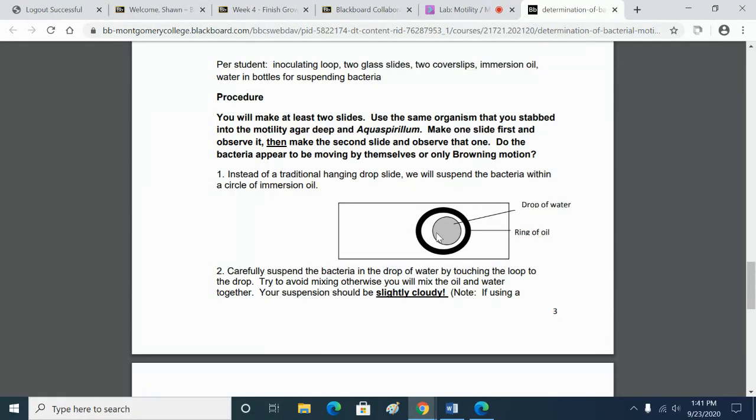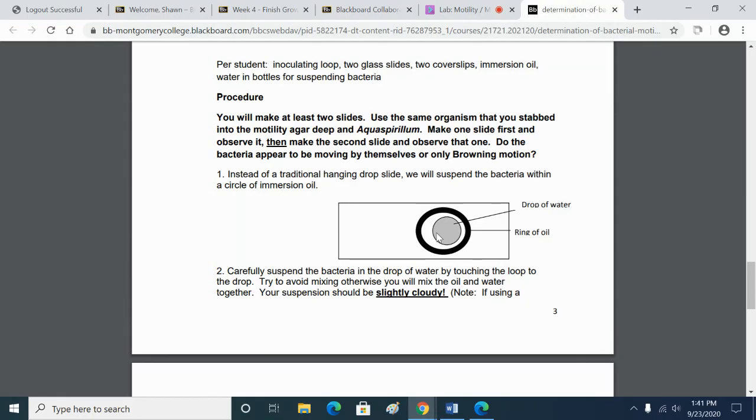And the longer it takes you to look at your slide, remember the oil and water don't like each other, so they will start to fight. And that can make your slide very messy. So it's a technique where you need to make your slide quickly and then examine it, find your bacteria, and watch them to see, are they doing something purposeful?